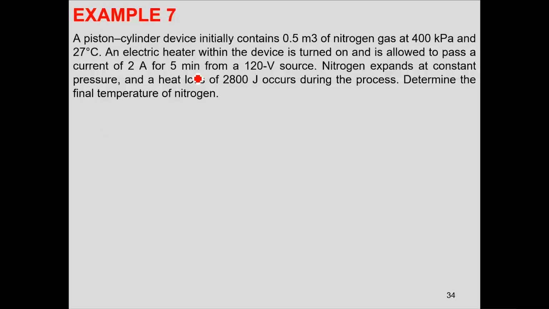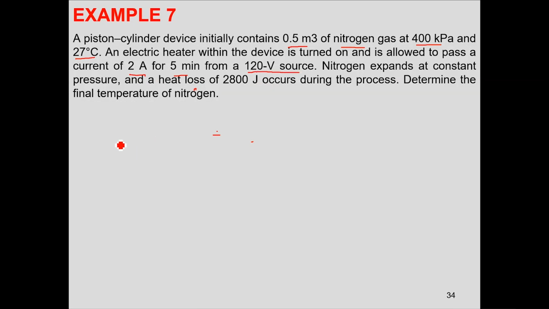Now, this is one of the numericals, which states that a piston cylinder device initially contains 0.5 meter cube of nitrogen gas at 400 kilopascal and 27 degrees centigrade. An electric heater within the device is turned on and allowed to pass a current of 2 amperes for 5 minutes, and a 120 volt source is being used.